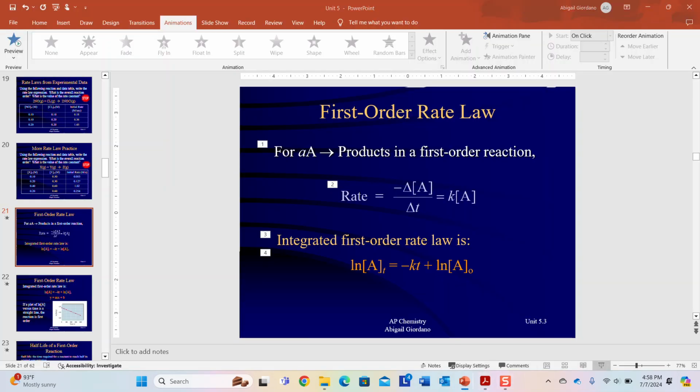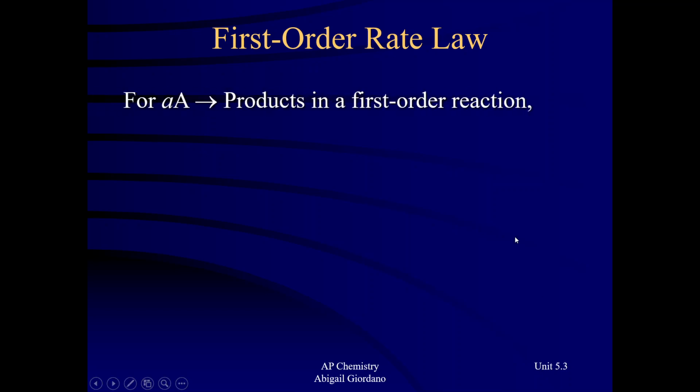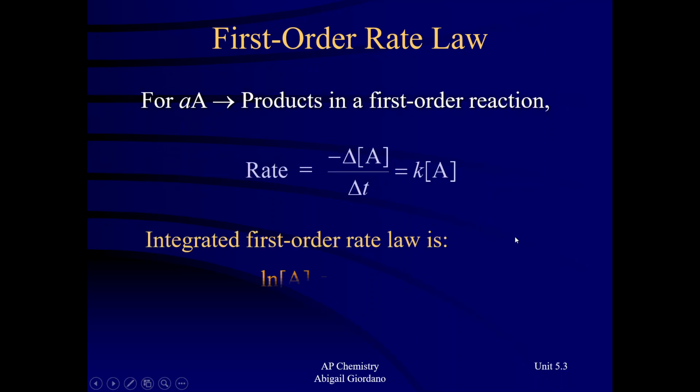And I want you to notice something. This integrated first order rate law that I have written on the screen there looks slightly different from the one that is written on your formula sheet. If you're looking at your formula sheet, this is the same formula as the second formula in that kinetics section.